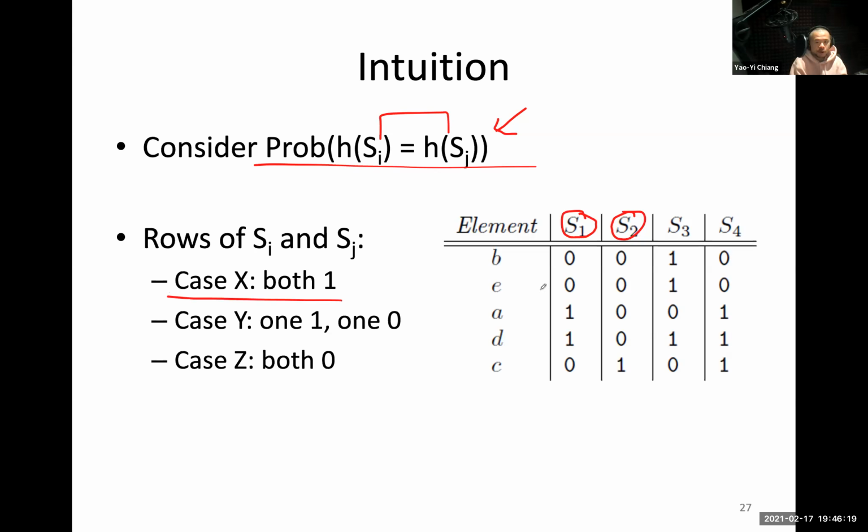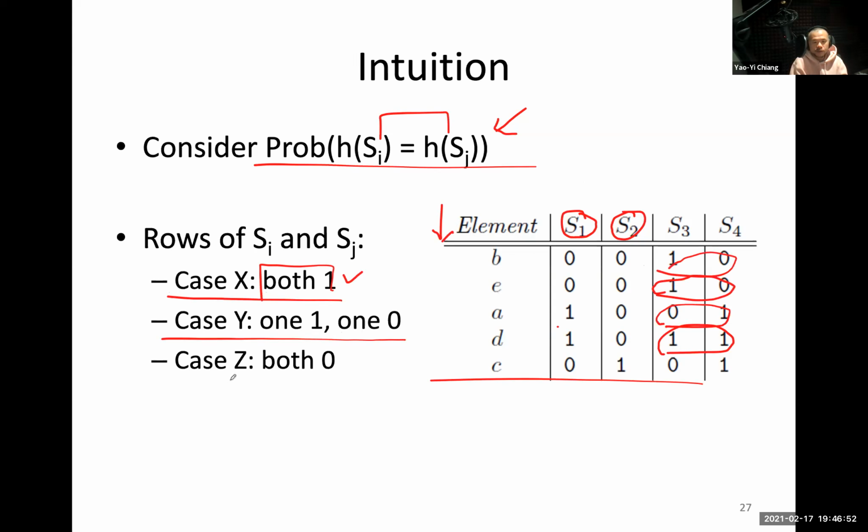First case is, when we scan from the top to the bottom, both documents have a 1 in the row. It could be something like this. The second case is one of the documents has a 1, the other one has a 0. So it would be like this, or maybe this, or this, right? The next case is both have 0. Okay, three cases, very easy. What does this mean?